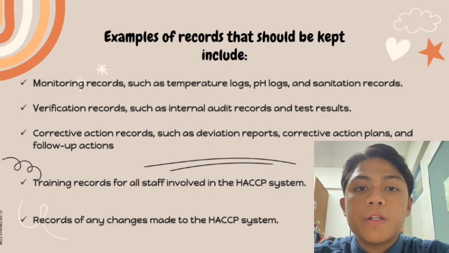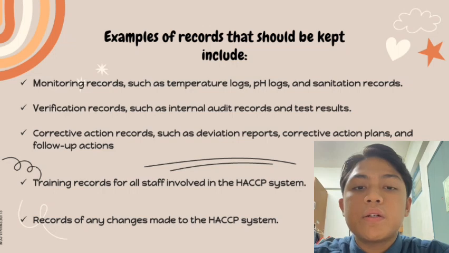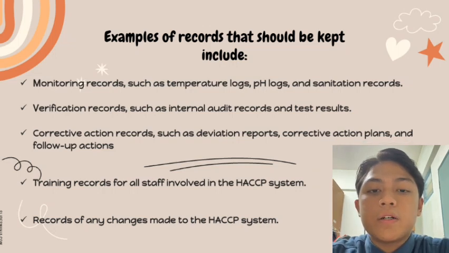Examples of records that should be kept include monitoring records such as temperature logs, pH logs, and sanitation records. Corrective action records such as deviation reports, corrective action plans, and follow-up actions.